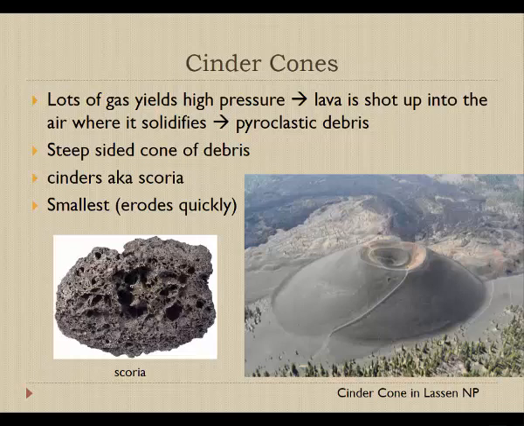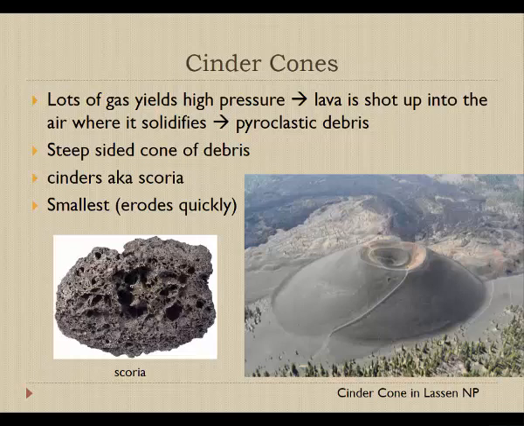As the lava makes it up to the surface, there's so much pressure from all the gas expanding near the surface that the material gets tossed up into the air by all this gaseous pressure and creates a bunch of what we call pyroclastic debris.